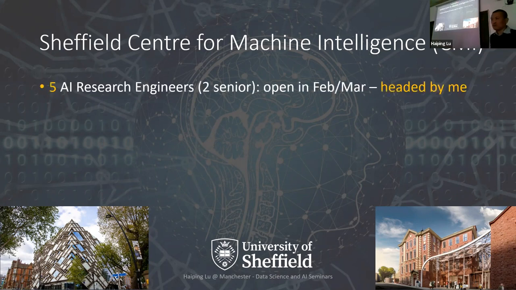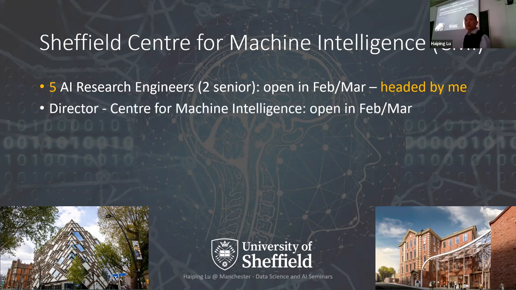I myself will be recruiting 5 AI research engineers to build standardized pipelines to help researchers outside our own domain. People in research science, in arts and humanities, and we will have the advertising ready soon. And we will recruit our director for the Center for Machine Intelligence, with the advertising coming out very soon.